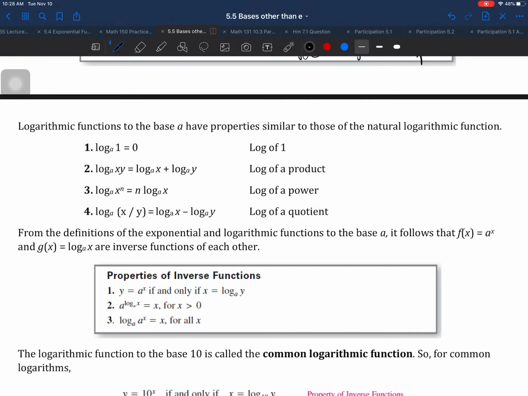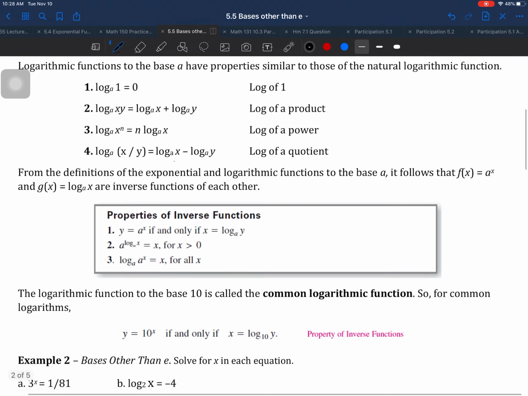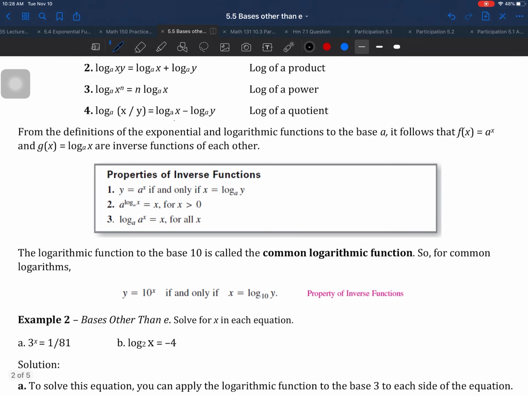Then we also have the power rule: logarithm base a of x to the n, the power becomes a factor of the logarithm. And then we have the quotient rule: logarithm base a of x over y becomes log base a of x minus log base a of y. Those are a few of the properties that we have discussed before.